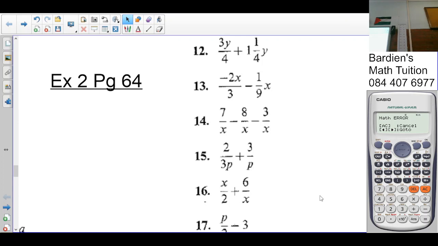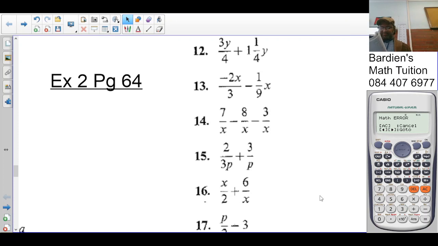The first answer is? Number 2, negative 13 over 4 is correct. You all got that? Right, number 4. 27a over 4.